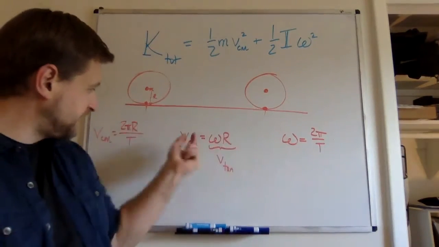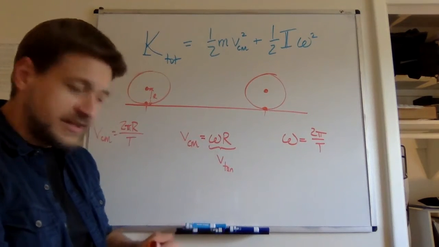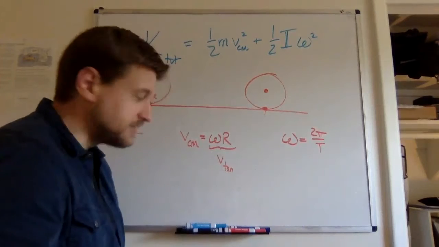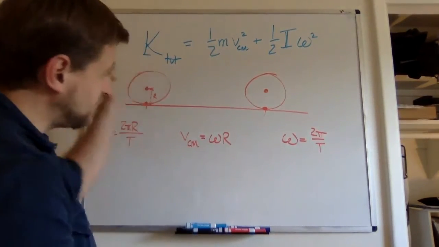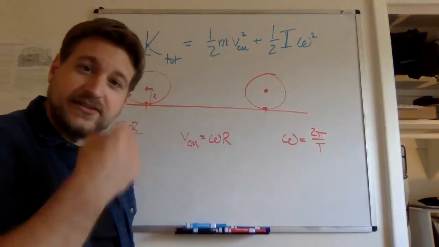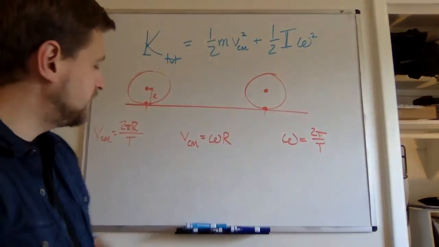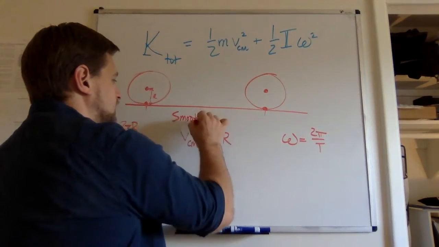This equality says that not only is a point on the rim of the wheel moving this fast, but the velocity of the center of mass of the entire wheel as it rolls is the same. And that's pretty cool. This is the smoothly rolling condition.